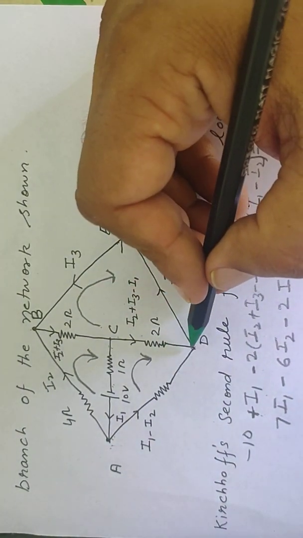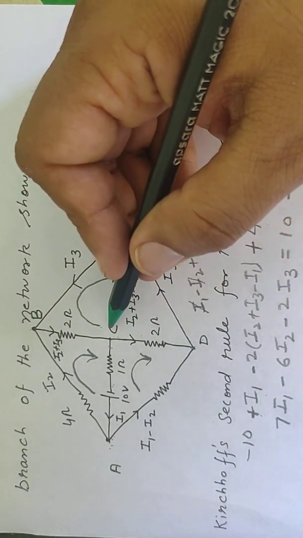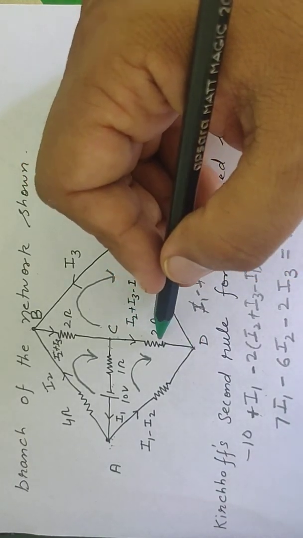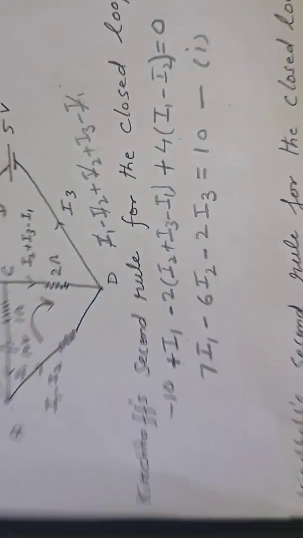Now when we start from this D, here we are going from low potential to the high potential. When we move from low potential to the high potential, it means we take the potential positive.